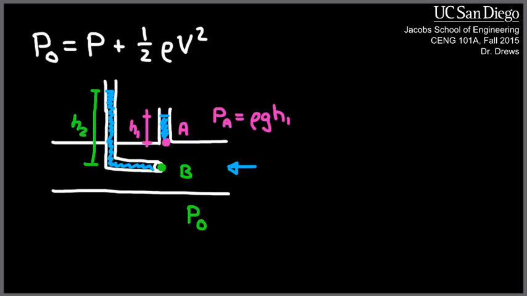So P naught at B, and technical is the best way to be correct. P naught B, or P sub 0 B, is equal to rho g h2. Right, there's just a static pressure head sitting down here, starting from the center of the tube, going all the way up to the top. Another hydrostatic gradient from here to here.